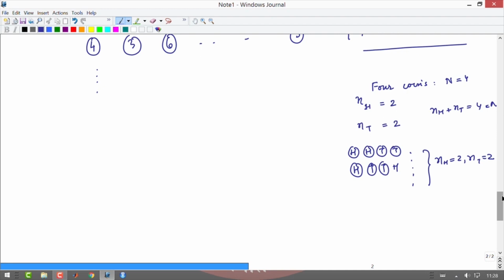You know the total number of states that are accessible to you is NC2, so you can take 4 factorial by 2 factorial into 2 factorial. This is basically 6 ways. So, you have 6 microstates that are possible.